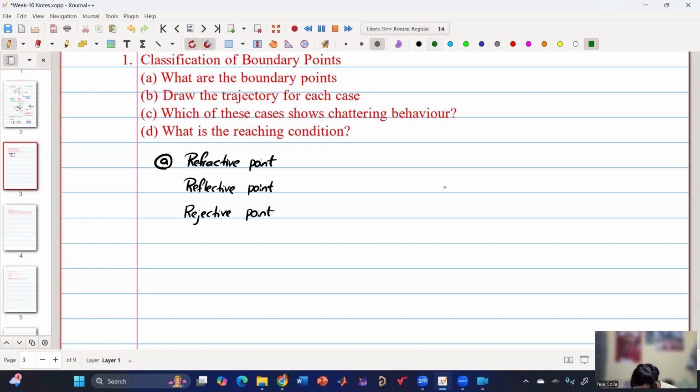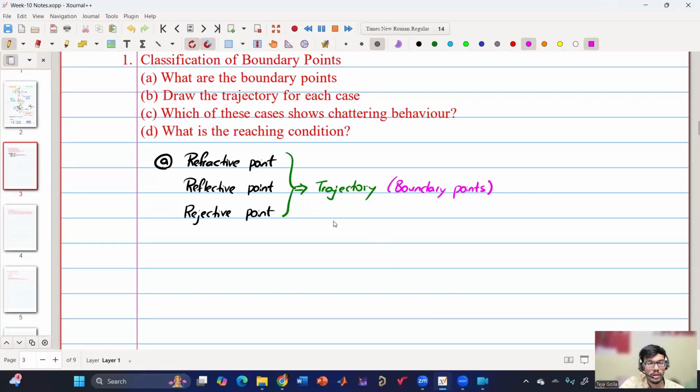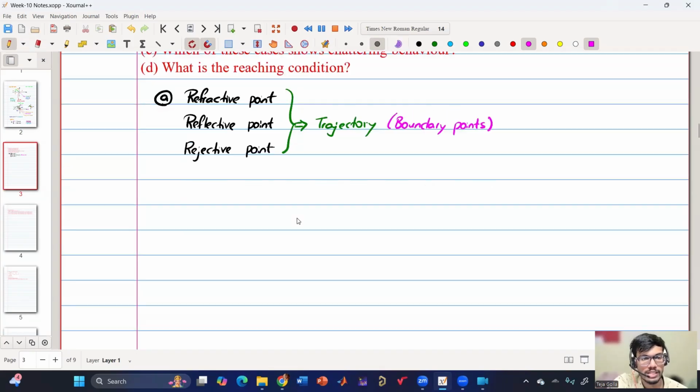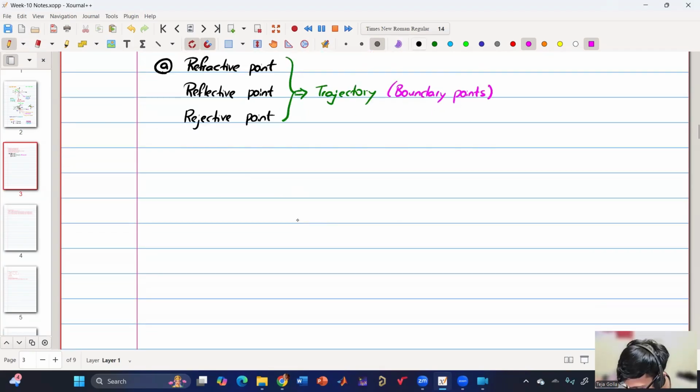All are based on the trajectory only. So these are the three boundary points that sir has explained. Now, what is a refractive point? What is a reflective point? What is a rejective point? So we have considered the switching surface.